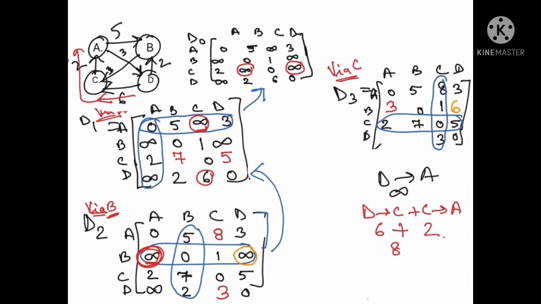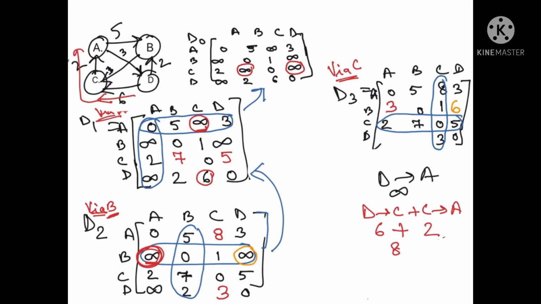Correct? But here also, if you see, D to C and C to A, that is 8. But for D to C and C to A, can I go like this? Listen to me very carefully.